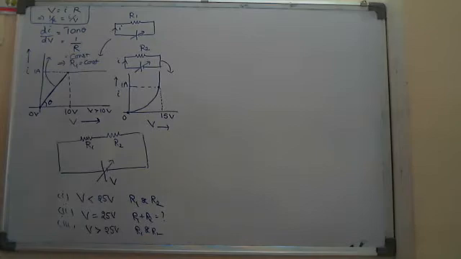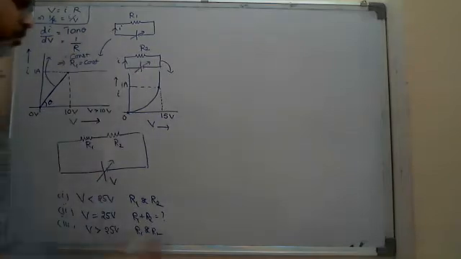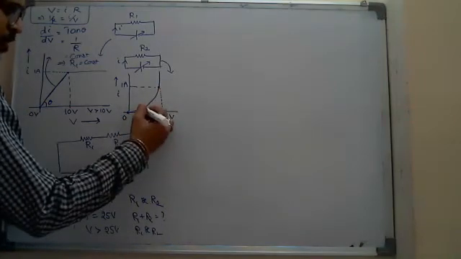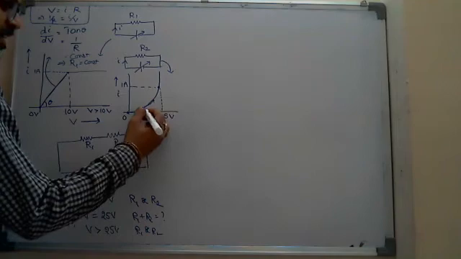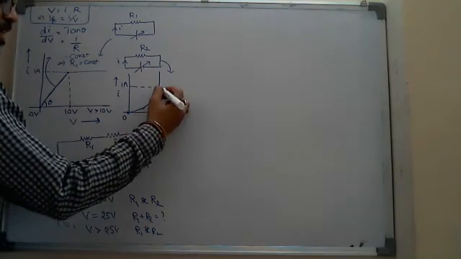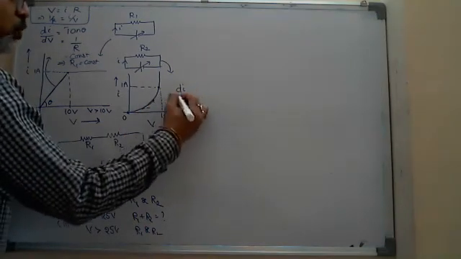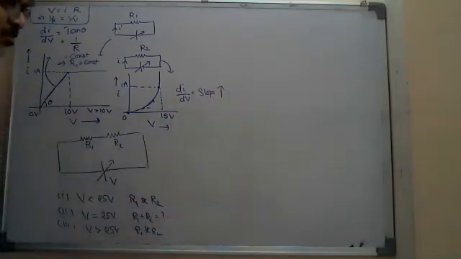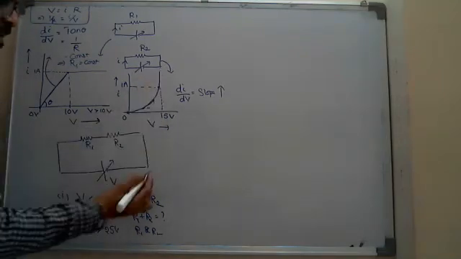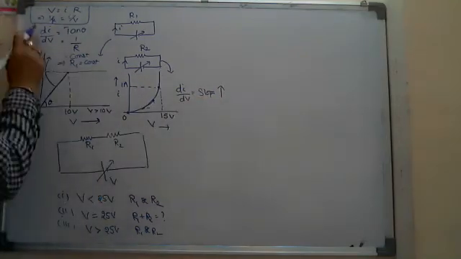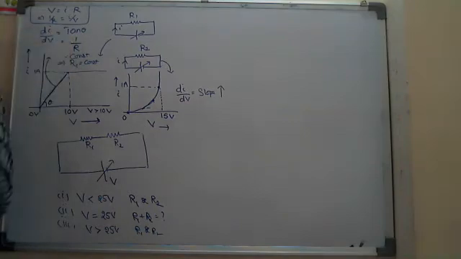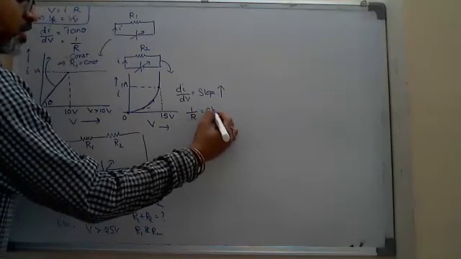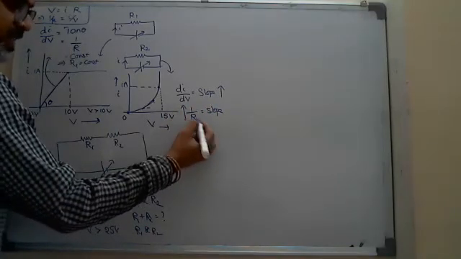So if you come to the second one here, from 0 to 15 volts, if you take a tangent here, the slope is gradually increasing. So here slope means dI by dV, which is increasing in this non-linear graph. Slope is increasing, and that slope gives 1 by R. So 1 by R is increasing.